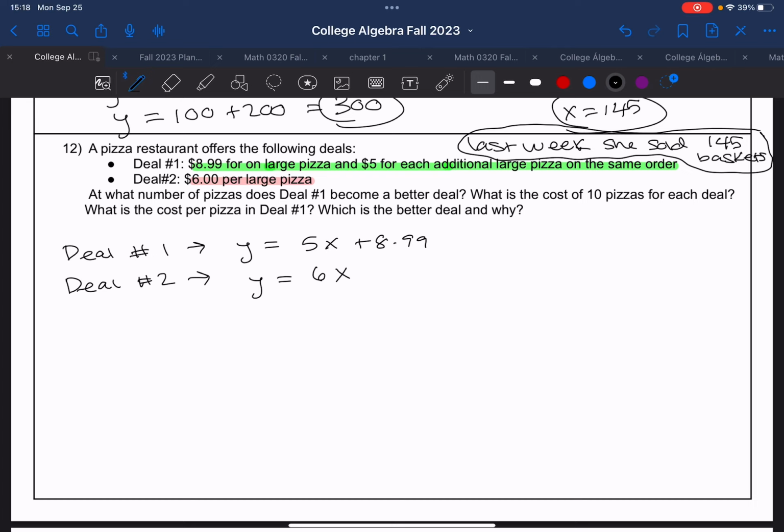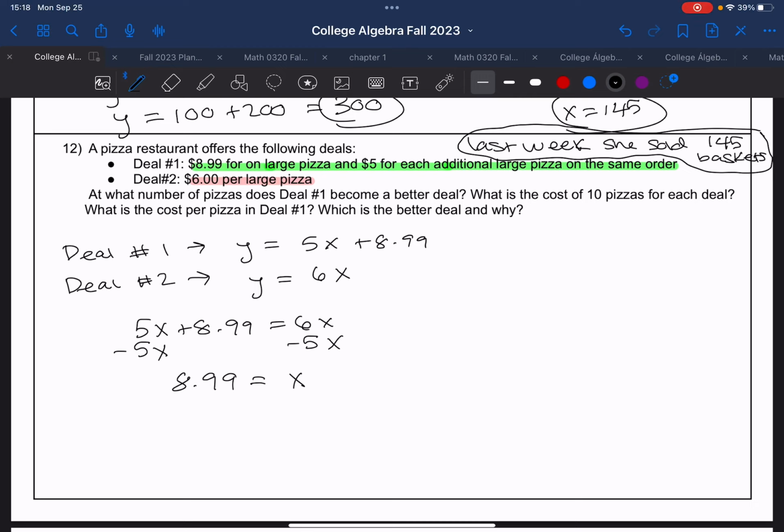From here, it's asking at what number of pizzas does deal number 1 become a better deal? First, we set these two equations equal to each other. So we have 5x plus $8.99 is equal to 6x. I'm going to subtract 5x over, and I get $8.99 is equal to 1x.